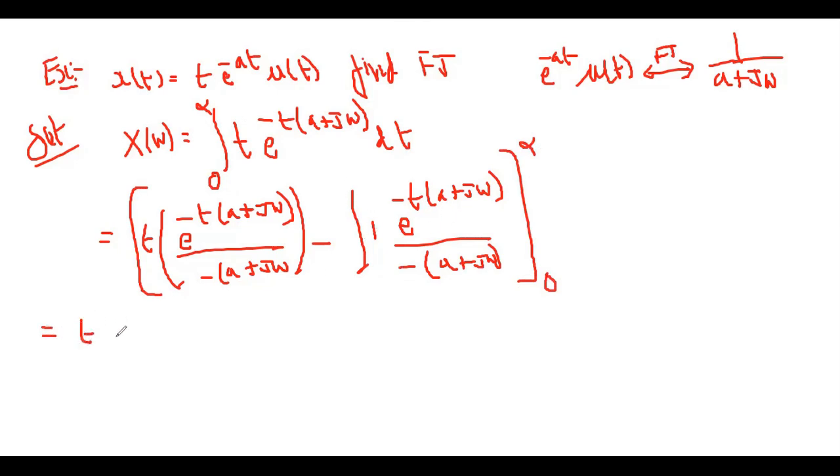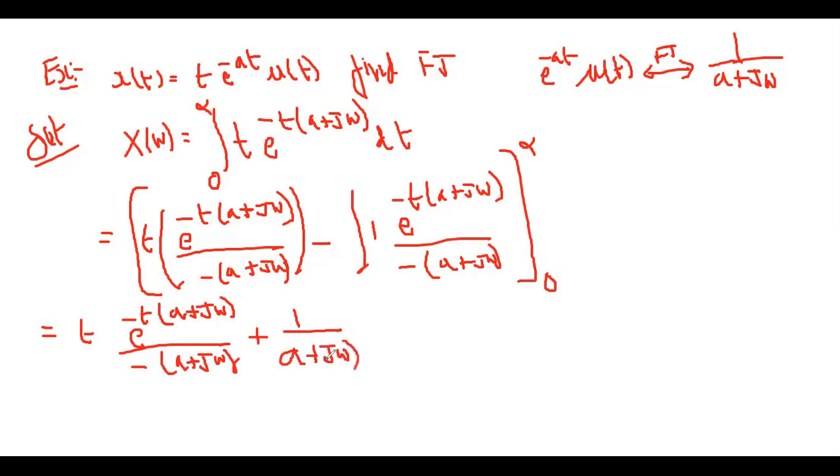Expand that: t·e^(−t(a+jω)) divided by minus (a+jω), and minus into minus gives plus 1 by (a+jω). Here also apply the integral: we get (a+jω) whole square, and the integral is e^(−t(a+jω)).